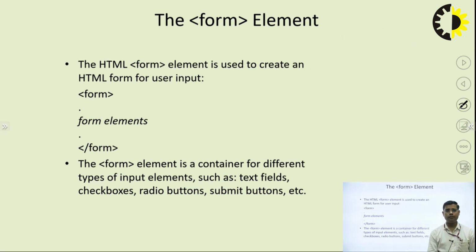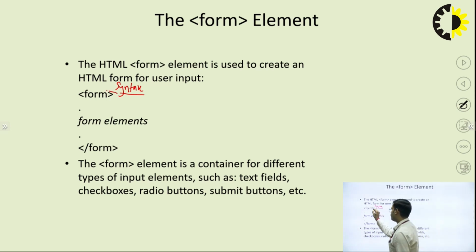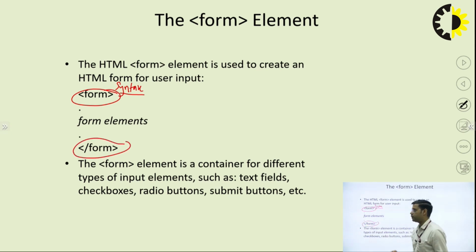Now the next topic is the form element. The form element is used to create an HTML form for user input. Here is the syntax regarding the form. Here is the opening form tag and this is the closing form tag. The form tag defines a container.